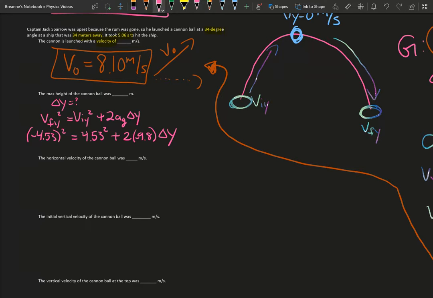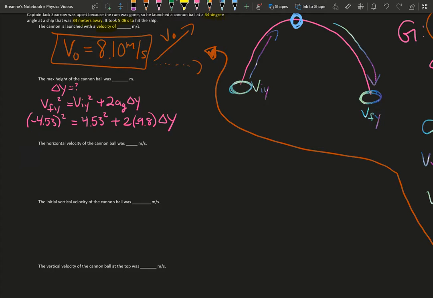When you type it into your calculator, make sure you put parentheses around your number. So you would get 20.52 equals, and you should get the same here, 20.52 plus, and you simplify that, you actually end up getting negative 19.6 delta y.